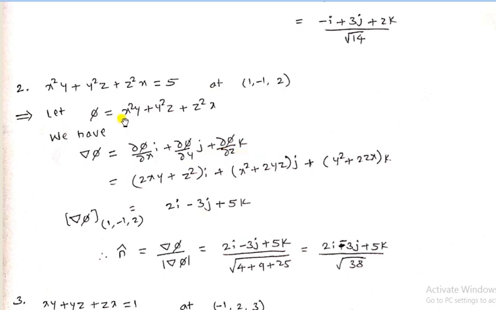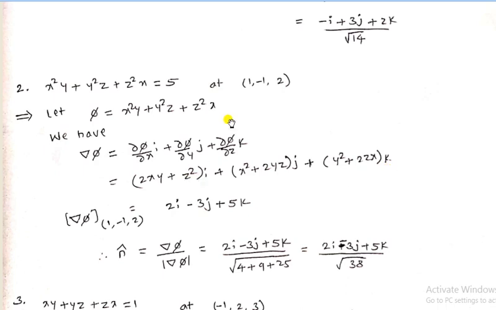So after differentiating phi with respect to x, we get 2xy plus z square into i, phi with respect to y partially, x square plus 2yz into j, plus differentiation of phi with respect to z is y square plus 2zx into k.